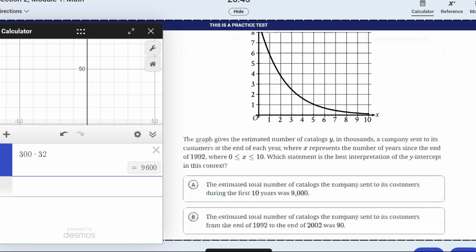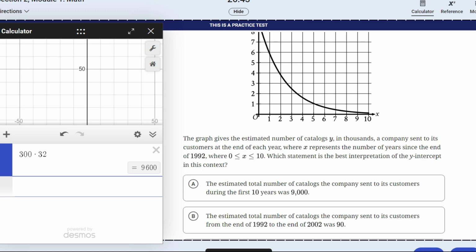Next question. We have an exponential function, which is decreasing, and y represents the number of catalogs, x represents the number of years. So the y-intercept is the value of y when x is equal to 0. When x is equal to 0, we're talking about the end of 1992. And at that year, the value of y is 9.